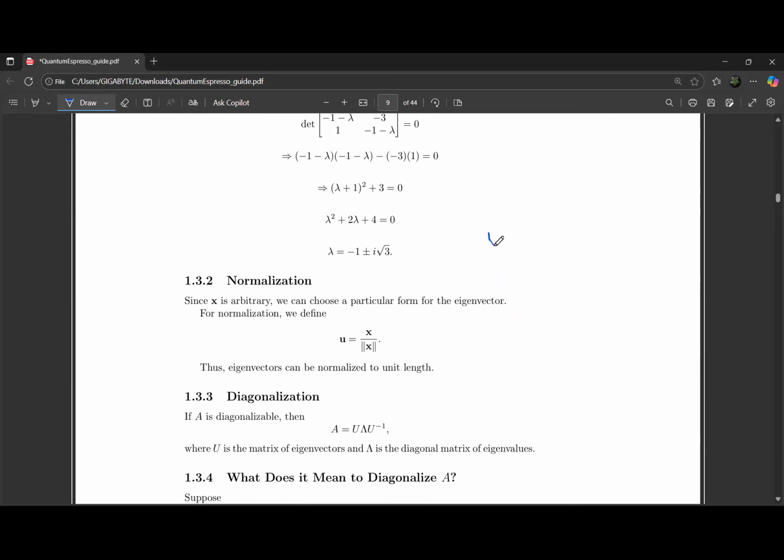If we have a vector like, let's say, u equals u1 and u2, we can normalize these vectors and get the value out of it. And we must always remember that these are column matrices actually.